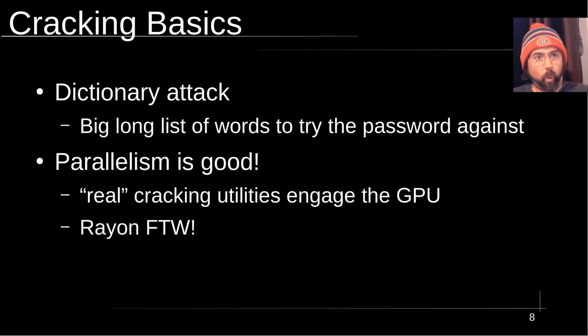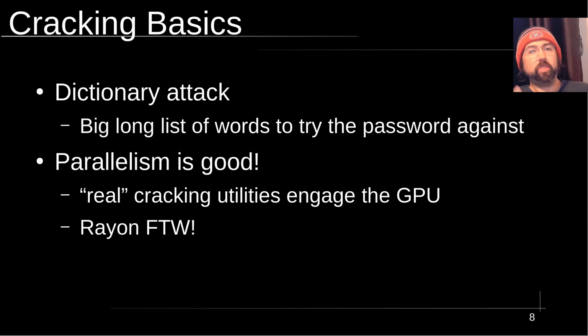The other way in which you can attempt to crack passwords is hoping that your user has a bad password that is contained within a dictionary. So you get a big long list of potential passwords and you try all those out.